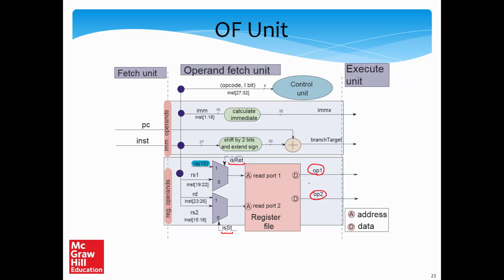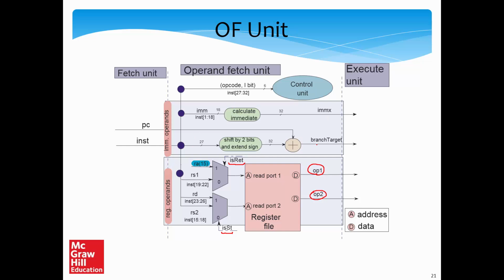In the case of a normal ALU instruction, they contain the first and second register source operands. If it's a return instruction, OP1 will contain the return address. And if it's a store instruction, OP2 will contain the register whose value needs to be stored, and OP1 will contain the base register. So in any case, let's refer to these fields as OP1 and OP2.